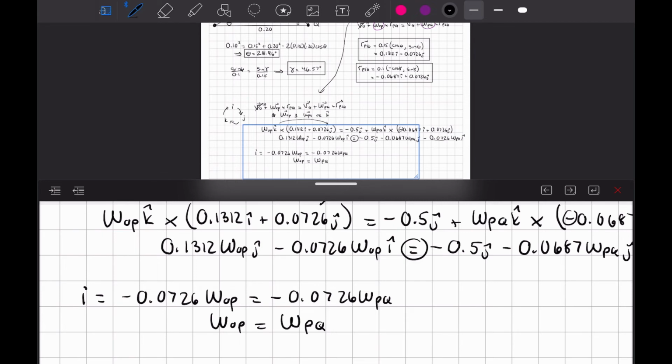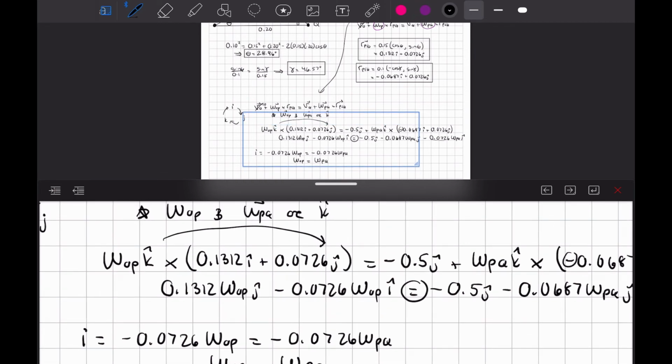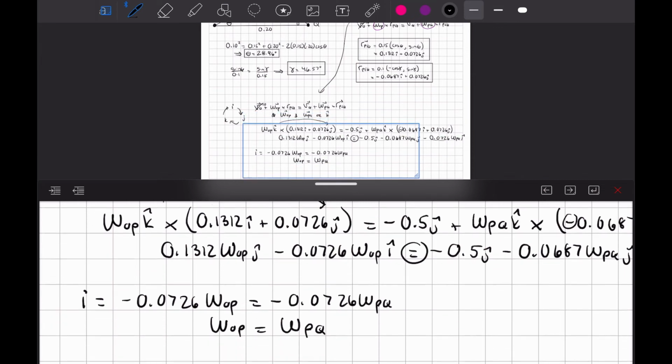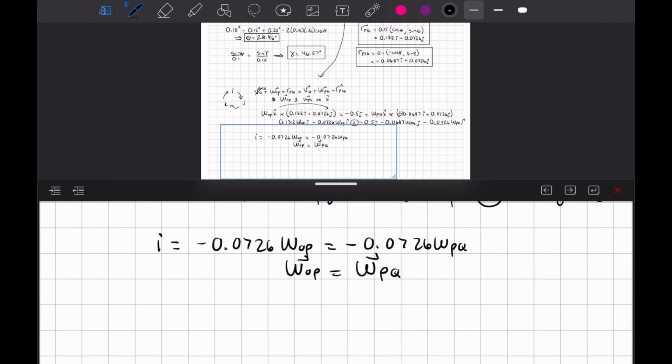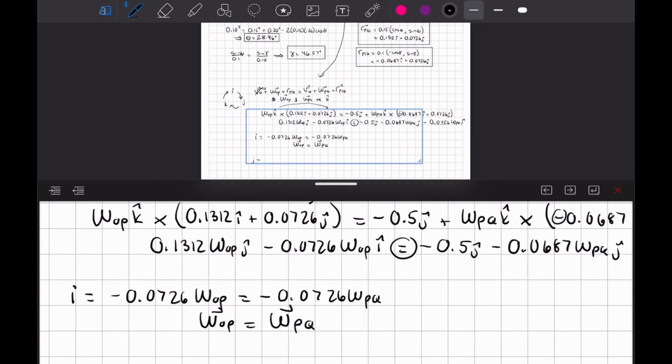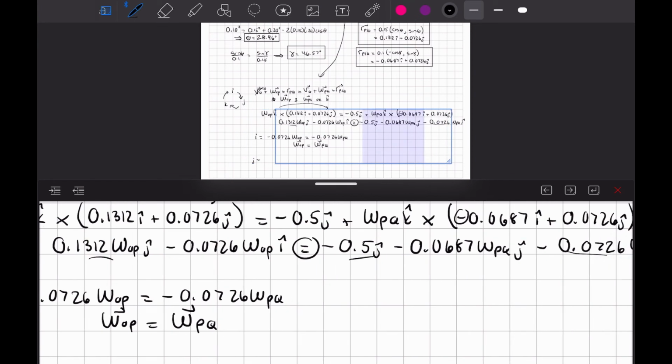And I want to note that I dropped the vector notation on the omegas. I hope that's not confusing, but these actually do have direction. So maybe I'll put them in now. And then for j hat, we're just going to do the same thing. We're going to collect all of our j terms, which is going to be right here, right here, and right here.